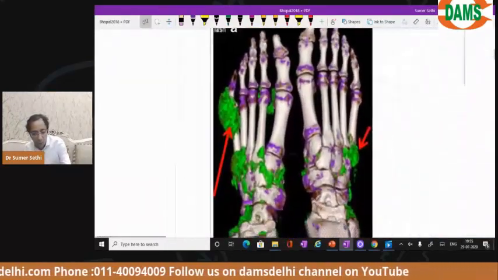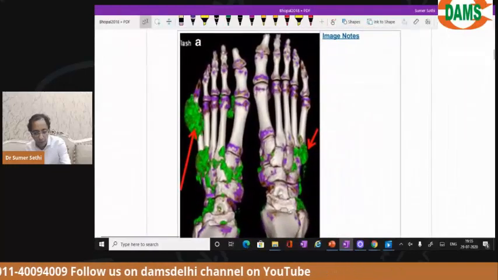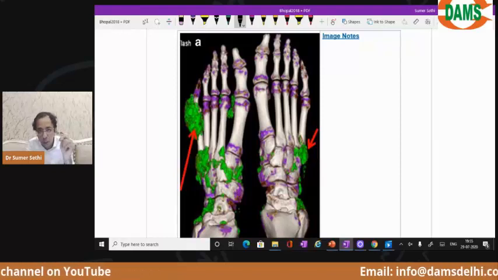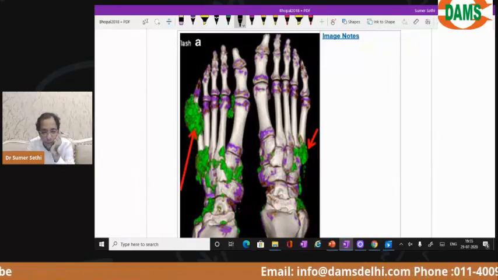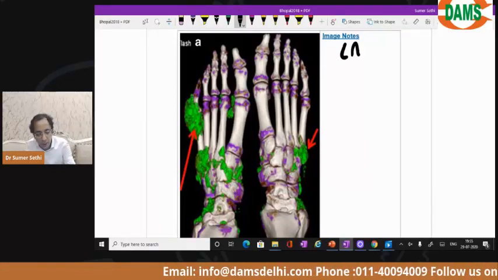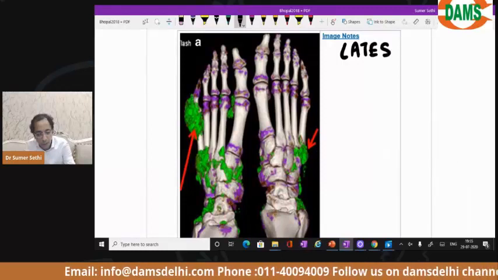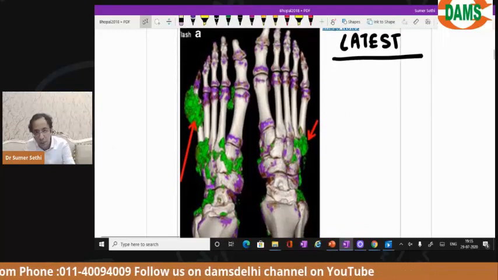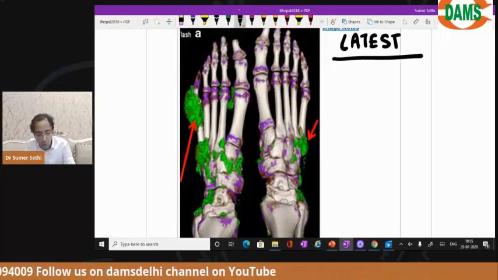Now I want to ask you one question. Do you think the image that you are seeing is a CT scan? This is the latest CT technology available today. It has never been asked in any exam, but it is given in your Harrison's and textbooks. Please see.